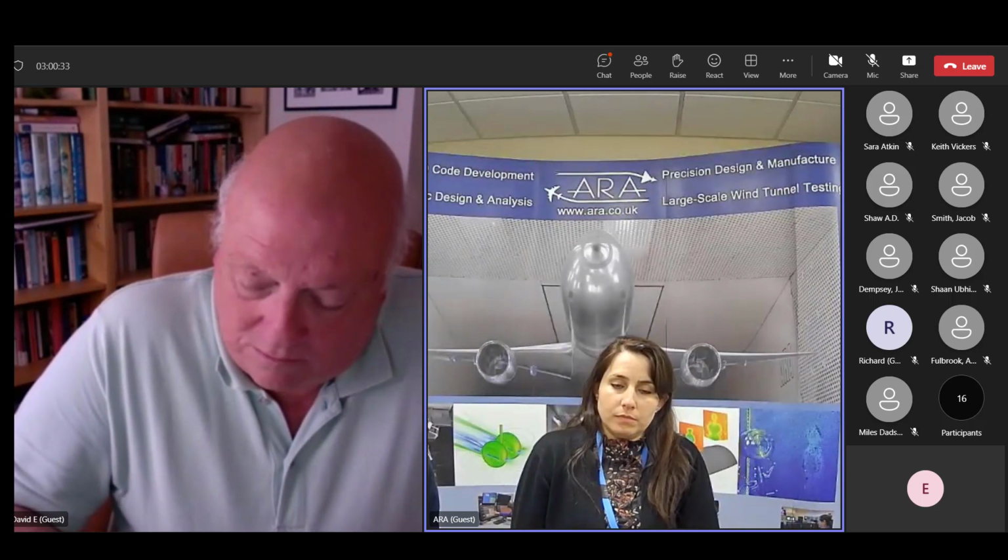My personal answer would be it's the difficulty in designing a balance that fits into such a small compact shape inside a wind tunnel model and can still measure accurate loads on the model, and also with extremely high loads. So you're talking about 2 or 3 tons of load that can be applied for a civil aircraft model.